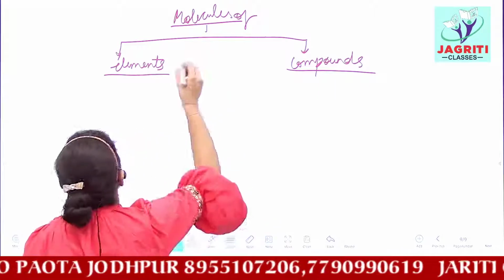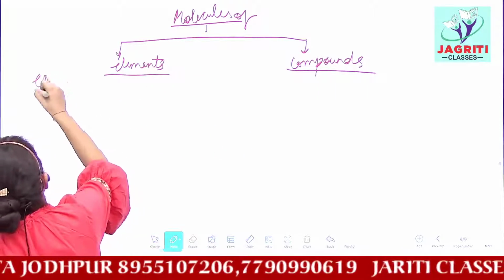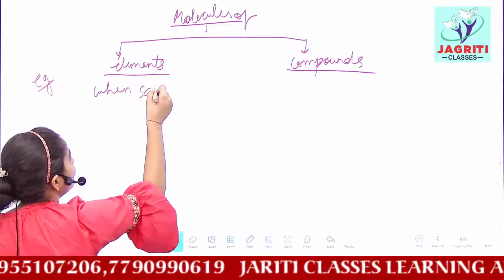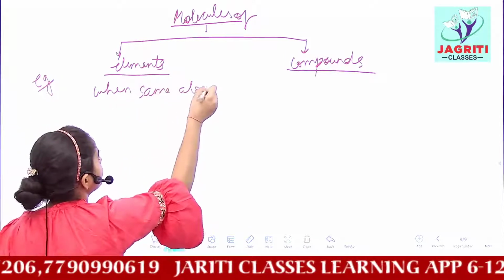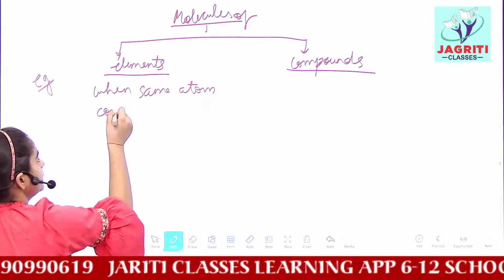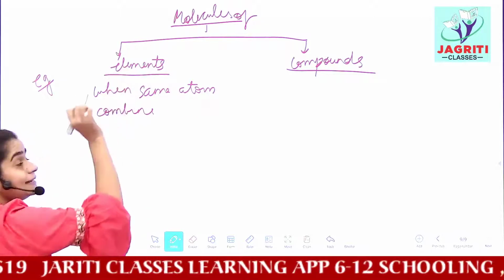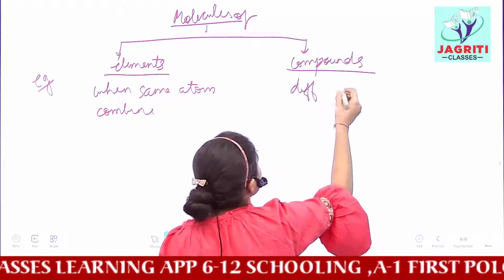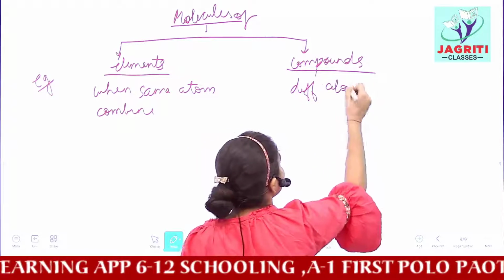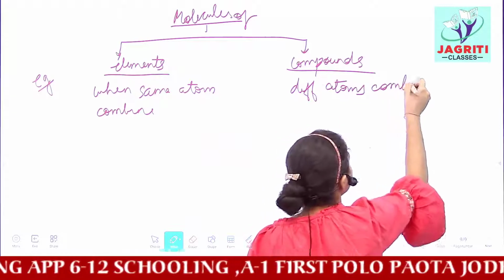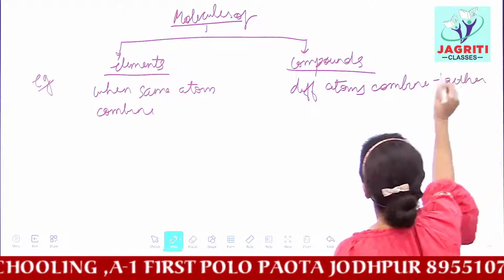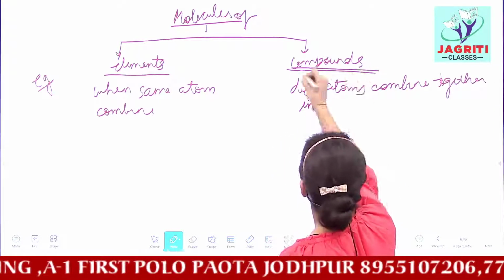Element means when the same atom joins together, when the same atom combines, then you get an element. But when different atoms combine together in a fixed ratio, then it is a compound.